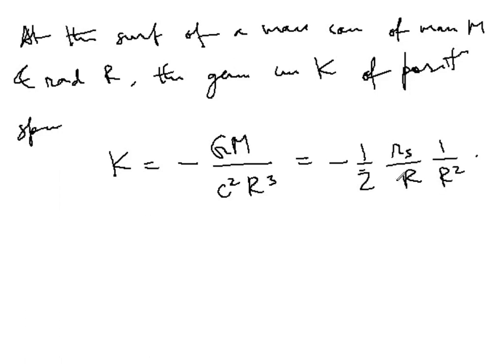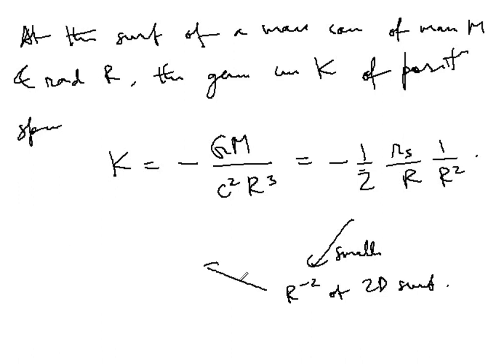Now this is usually very small compared with the curvature r to the power minus 2 of a 2D surface. Let me take an example. This value, minus k, is of the order of 2 into 10 to the power minus 6 r to the power minus 2 at the surface of the sun.